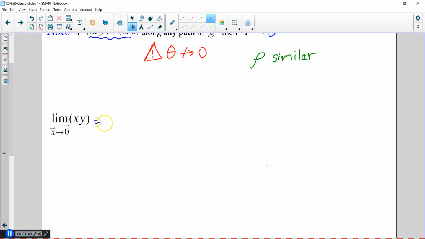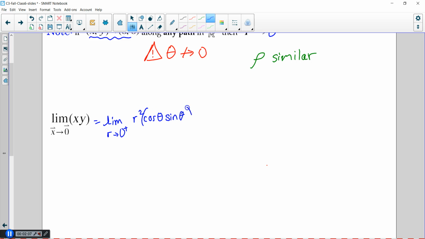If I change this to polar, okay, so instead of looking at x approaching 0, I'm looking at the limit as we approach 0 from the right with r, and I get r squared cosine theta sine theta. Again, I did a little bit of algebra there. I'll let you pause the video and catch up if you need to, okay?